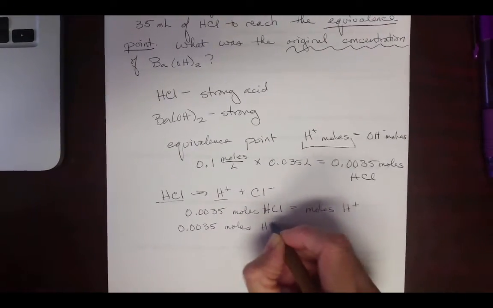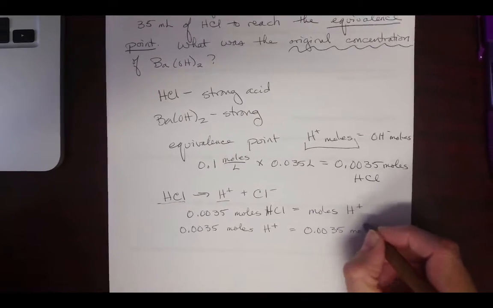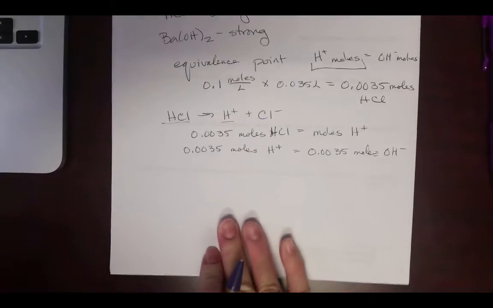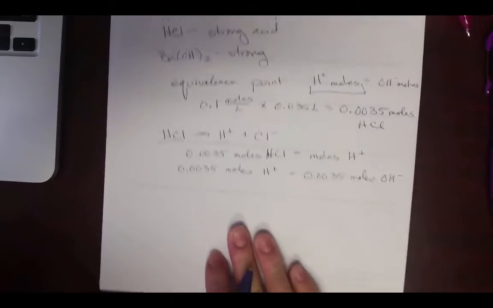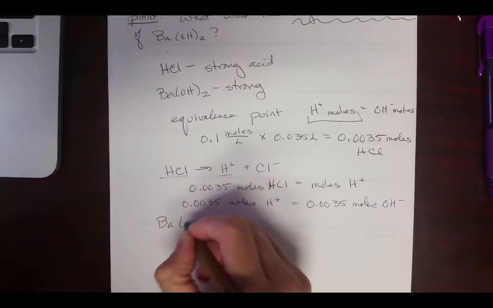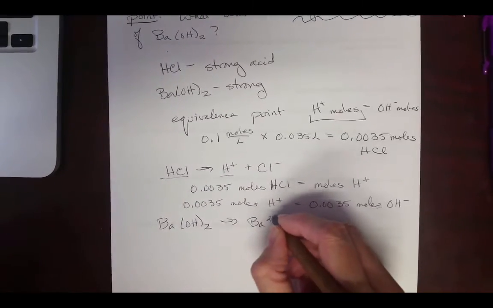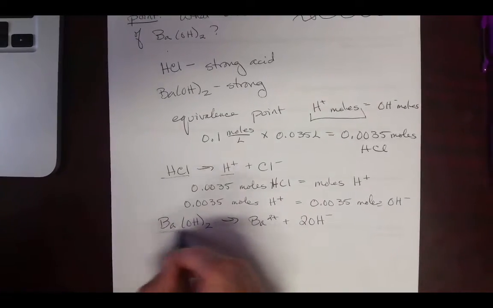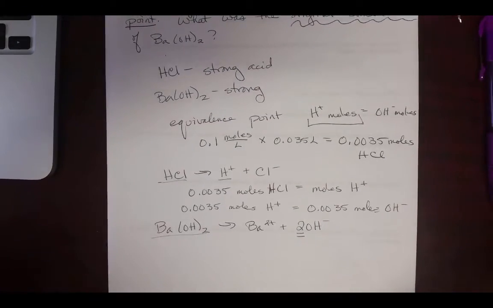And since we're at the equivalence point, we know that this then has to be my moles of my OH minus. But here's the kicker. Moles of OH minus is not the same as the moles of barium hydroxide. So if you look at barium hydroxide, it's also a strong base, but for every 1 mole of my barium hydroxide, I get 2 moles of hydroxide ions.